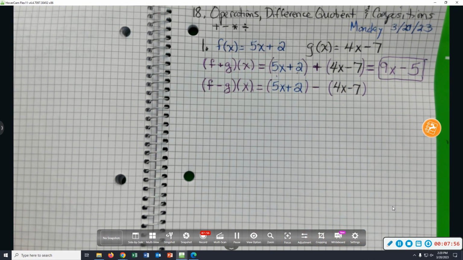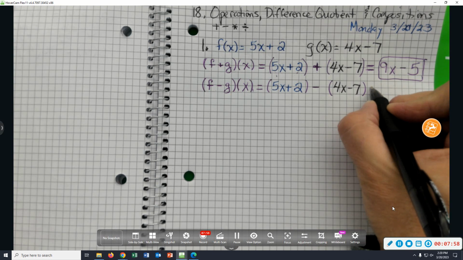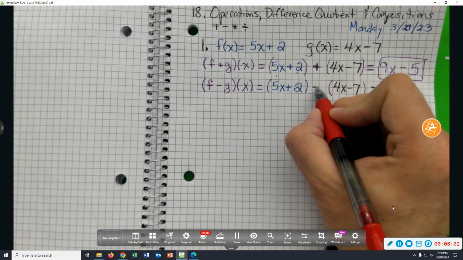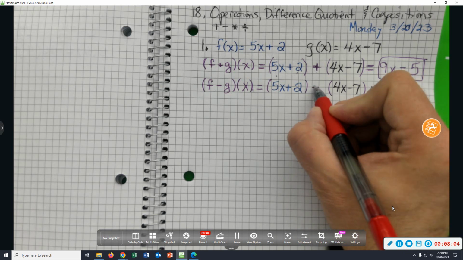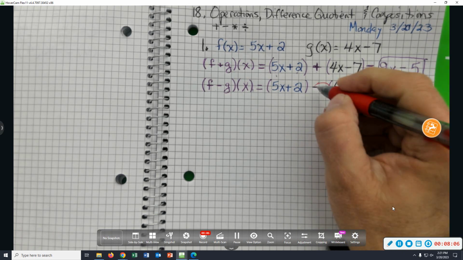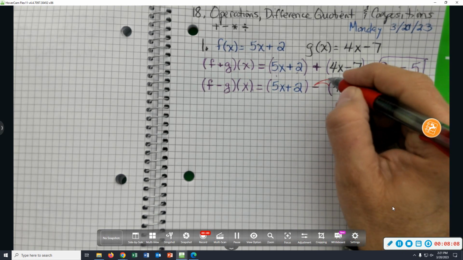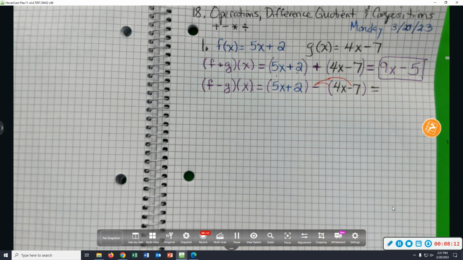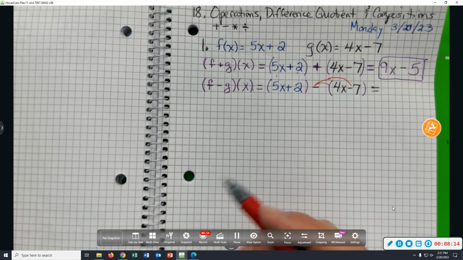I like to remove the parentheses. With subtraction, you've got to distribute the minus. I think at the beginning of the semester when we were adding and subtracting complex numbers, that was the deal with complex numbers. If you're subtracting, you've got to remember to distribute that minus.